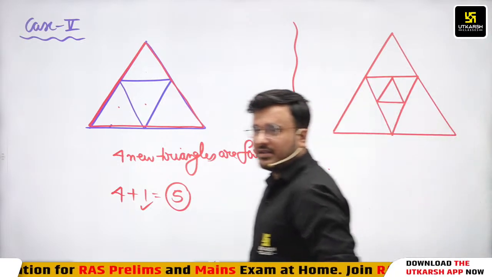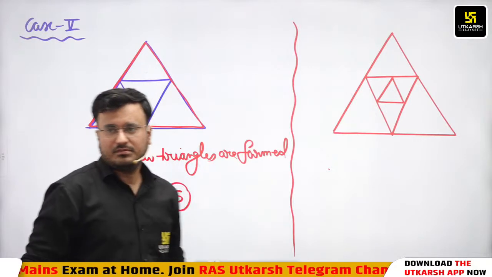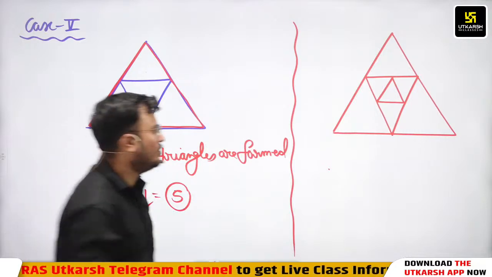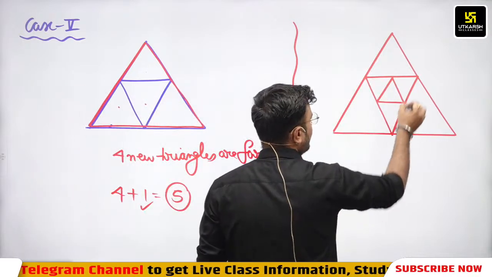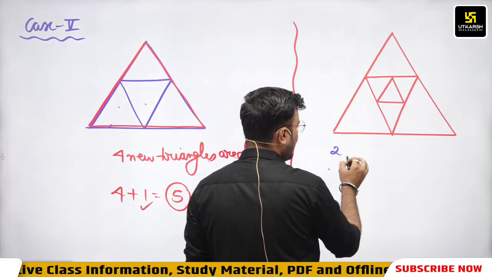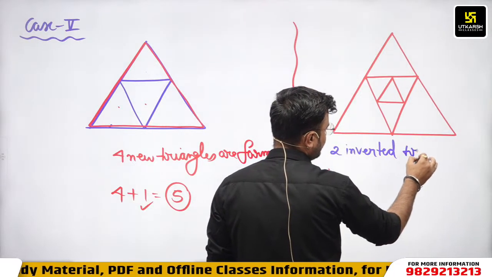So total how many triangles are there? At the end we need to add one also, right? Due to the biggest triangle we need to add one also. Due to this inverted triangle, how many new triangles will be formed? 4. So there are total 2 inverted triangles.